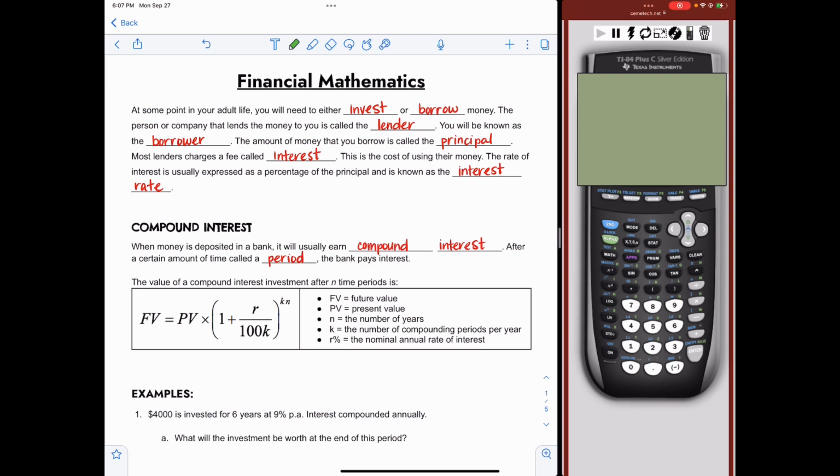The future value of your account is equal to your present value times (1 plus your interest rate divided by 100 times the number of compounding periods per year) raised to the power of k times n, which is the total number of times that you will end up receiving that compound interest over the entire period of time.